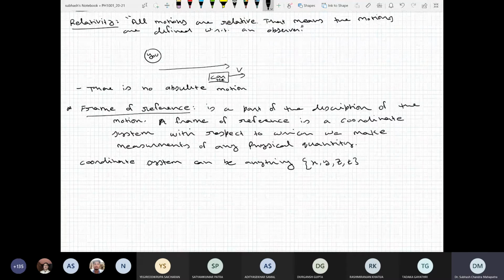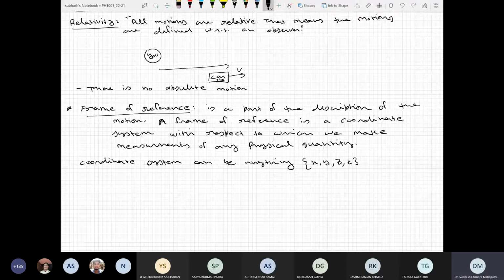Suppose something is happening. How do we quantify that? We have to define the position of that something: x position, y position, z position, and also at what time that is happening.